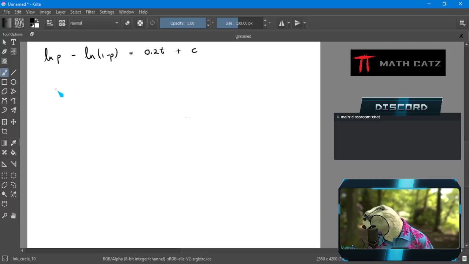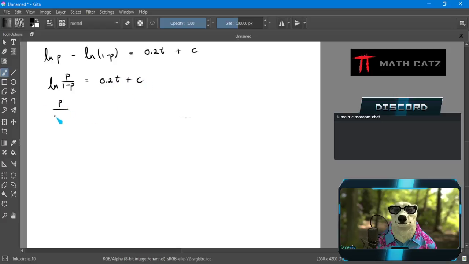But it is a necessary process that we should see a couple of times at least. Now I'm going to put these two left terms together with a log property. Log of the difference of logs is the log of the quotient. A property we may not be using a lot, but it is there when we need it.